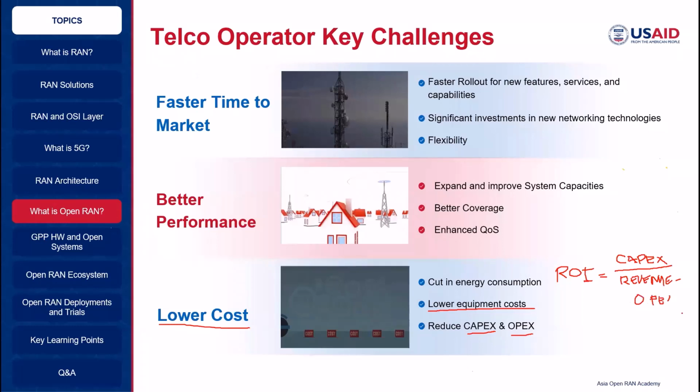So if my capex, for example, is around 5 million pesos, and my revenue is around 3 million, and my OPEX is around 100,000 pesos, what is my PP? What is my ROI? Can you try to calculate?